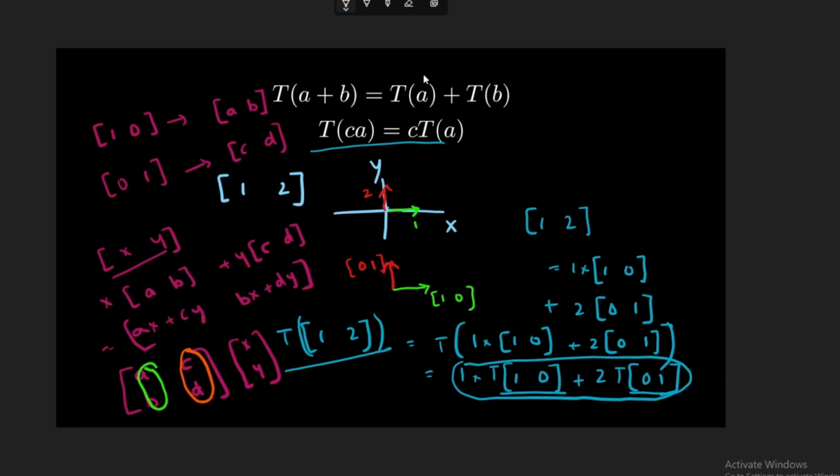So basically what this tells me is that I can simply figure out where any vector x, y lands by performing a matrix multiplication of x, y with another matrix, a b c d, and the result gives me where the vector x, y lands.